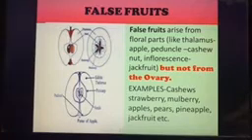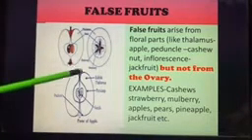Besides the ovary, other parts give rise to the fruit. These types of fruit are said to be false fruit. Examples are cashews, strawberry, mulberry, shehtoot in Hindi, apples you all know, pear, pineapple, jackfruit, etc. These are the examples of false fruit, right?